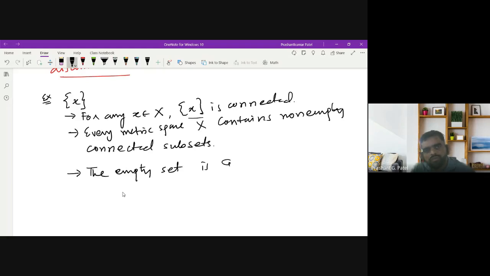The empty set is connected by its definition, because by the definition it has no separation. So you cannot find a separation, which means it satisfies these three conditions.